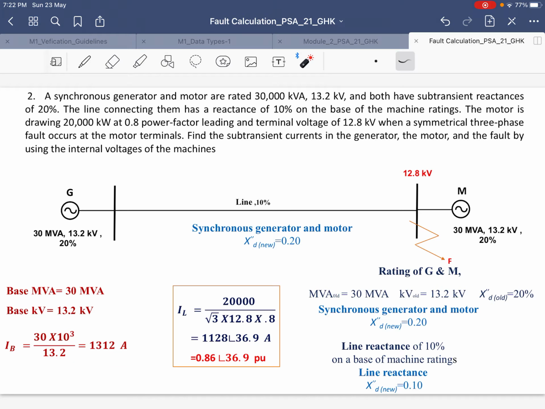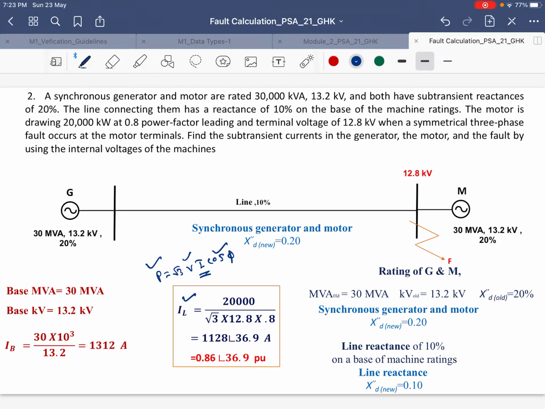Similarly, we know that the load is 20,000 kilowatt, and it is operating at 0.8 power factor and a voltage of 12.8. Then we know the standard formula P equals root 3 VI cos phi. P is given, V is given, cos phi is given, therefore you have to find I. I am calculating IL here.